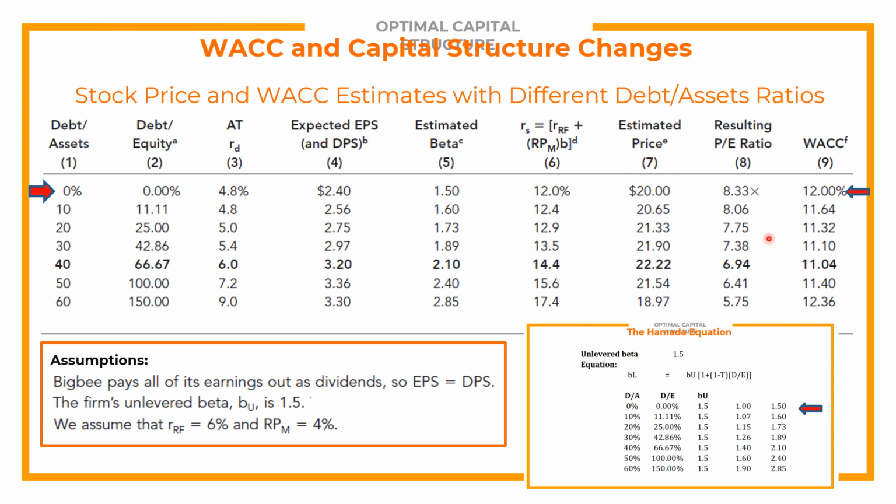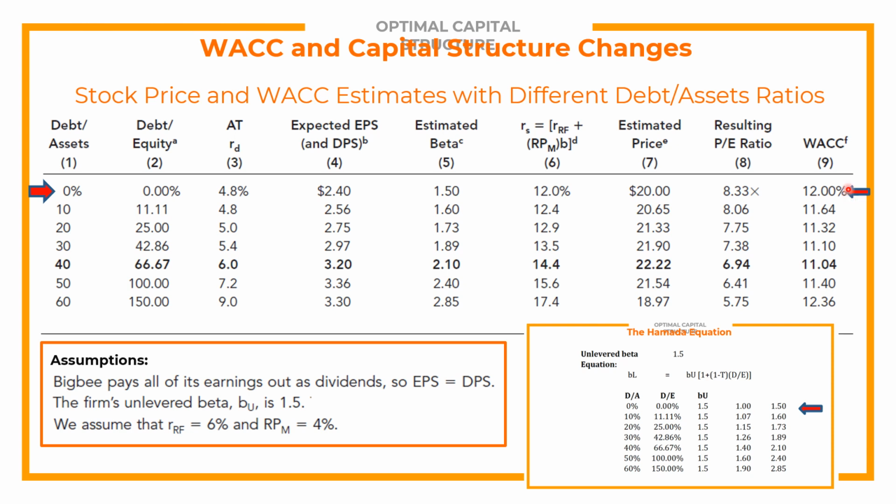So actually, later you can see that the level that maximizes the stock price is also the level that minimizes our WACC, and that would be our optimal capital structure. So here, let's start with 0%. We will compute the debt and the equity.